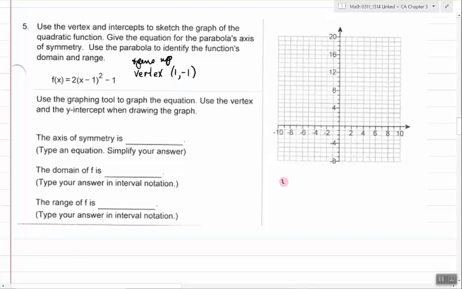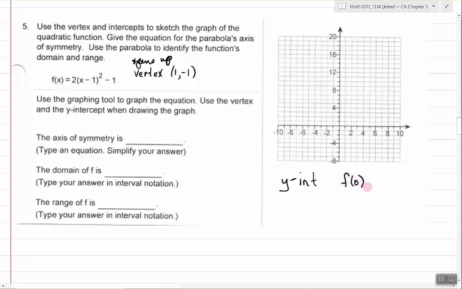I need to find the y-intercept. Well, f of 0.